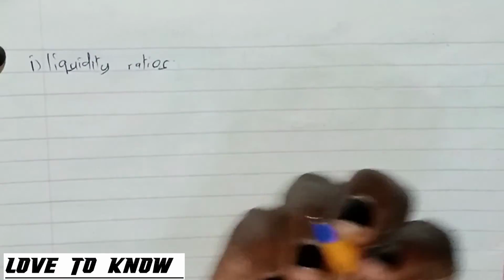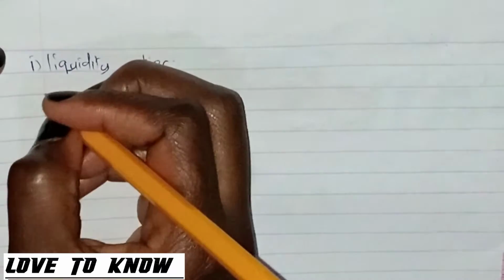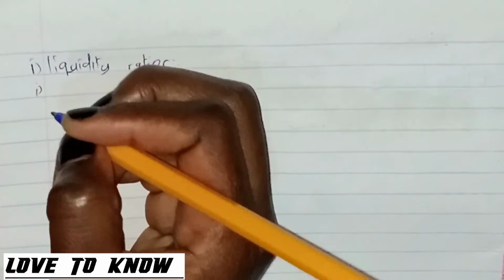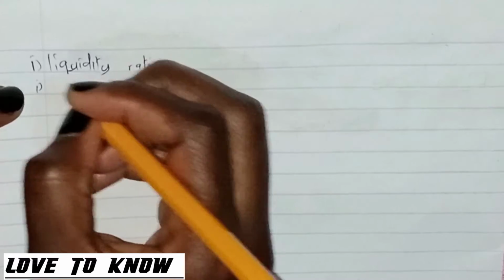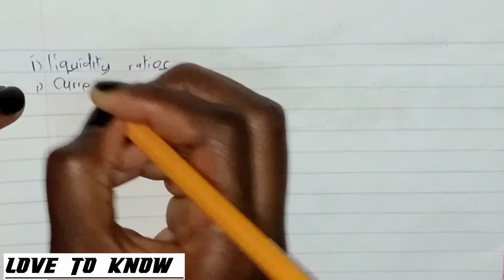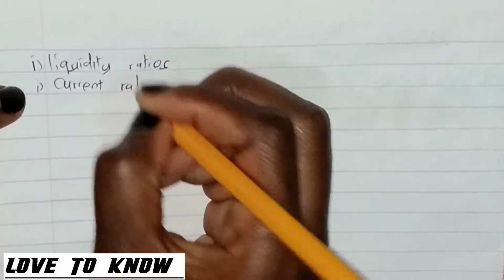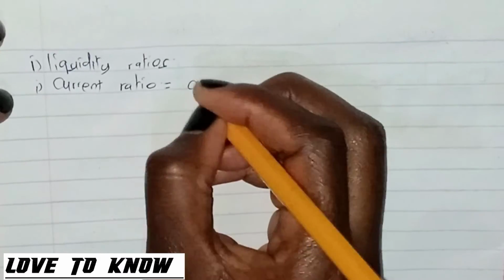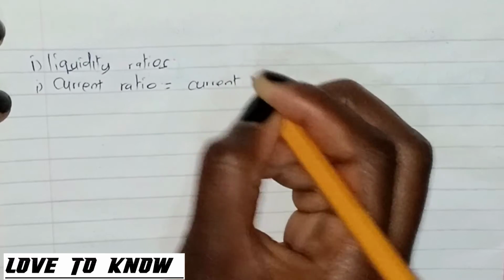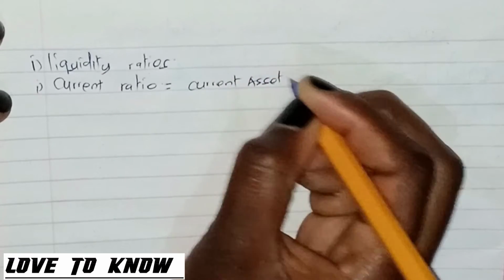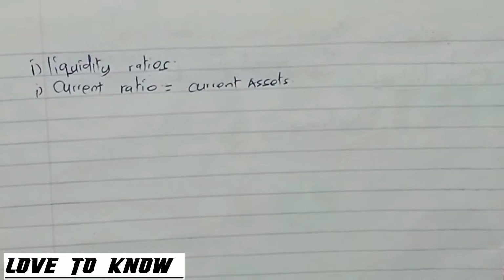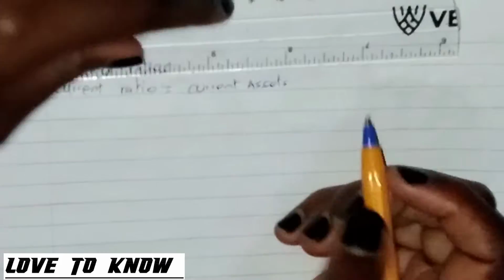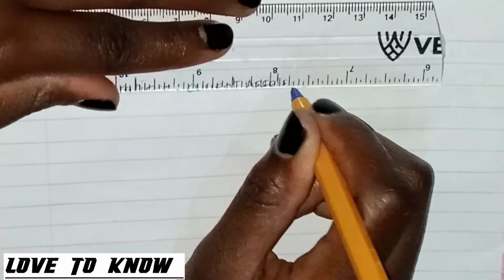Liquidity ratios, there are different types of ratios. The first one is the current ratio. This is calculated as current assets divided by current liabilities.